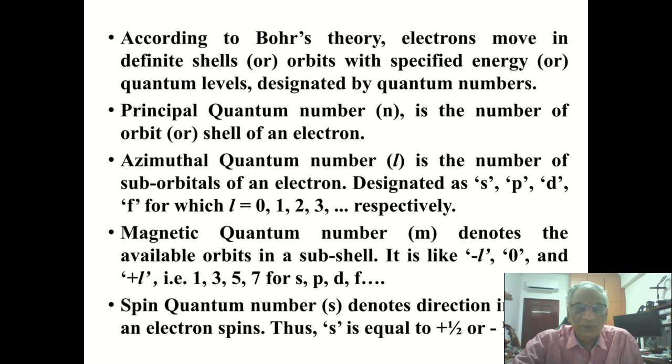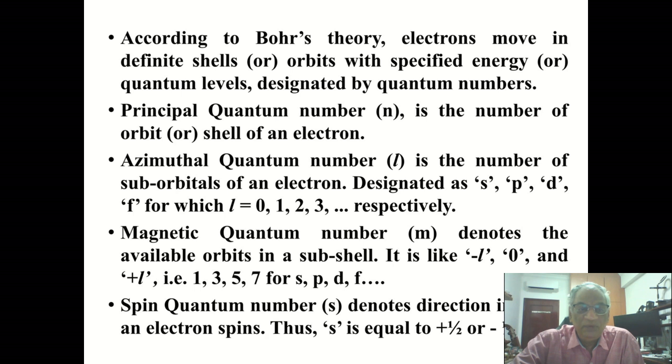For the second subshell it is 3, that means 0, plus or minus 1. And for the third it is 0, plus or minus 1, plus or minus 2, that is 5, etc. So it is 1, 3, 5, 7 orbitals available for the different subshells defined by the azimuthal quantum numbers.